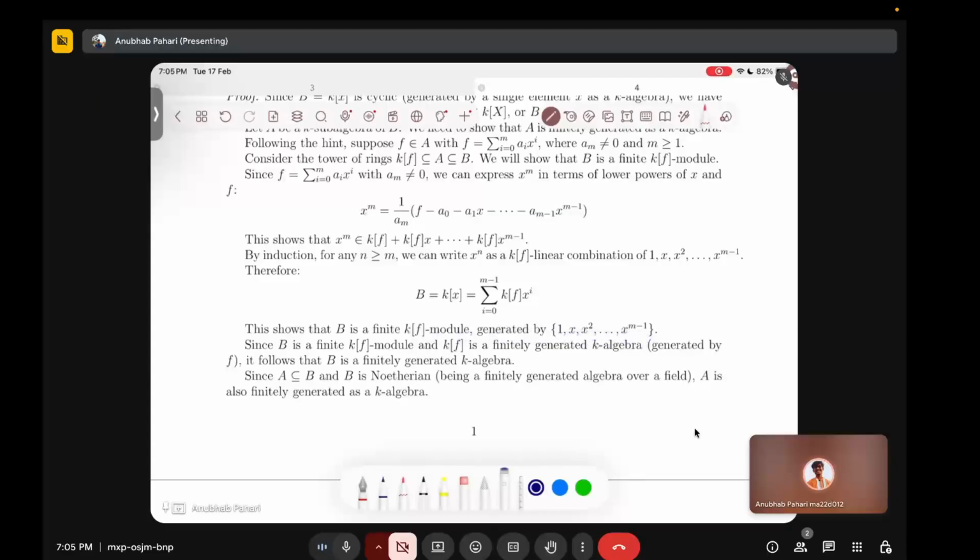Now, since B is a finite K[f]-module and K[f] is a finitely generated K-algebra generated by f, it follows that B is a finitely generated K-algebra.